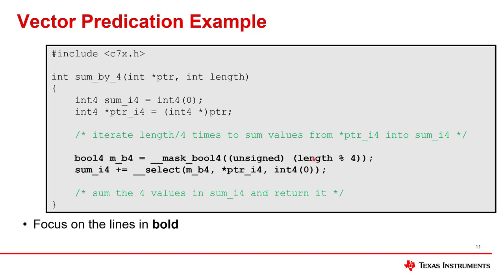Well, that's given by the expression length mod 4, and then we give that as an input to this intrinsic being introduced here that creates a mask, and then we use this select intrinsic to do a final addition into sum I4. So that's an introduction to what's happening here, and in the next slide we're going to break this down in even more detail.